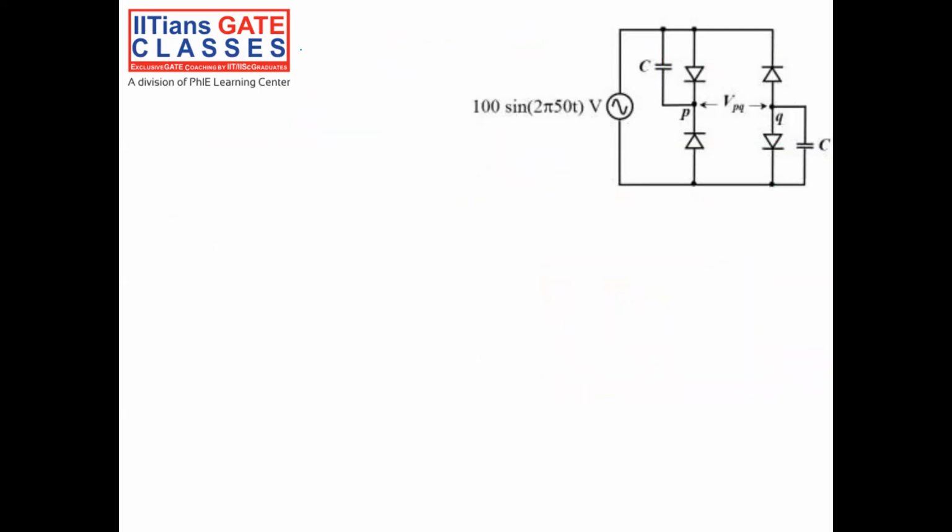So after the first negative cycle, I will have plus minus 100 here, and here also plus minus 100. Now you see what is VP.